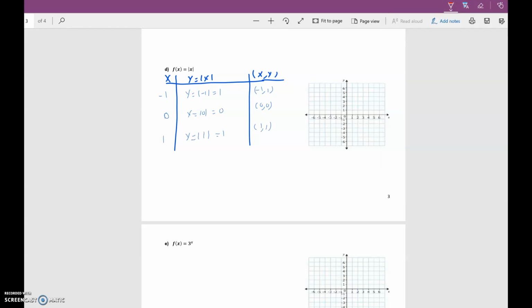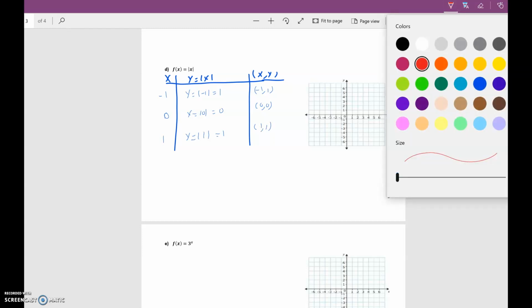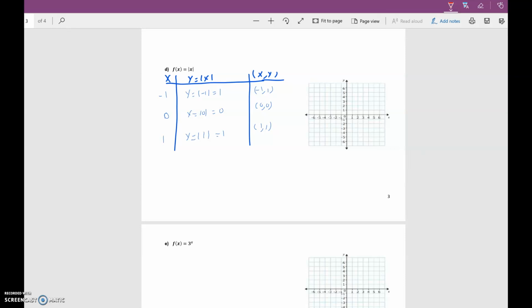And let me plot the points. So we're looking at the origin 0, then -1, 1, which is here, and then 1, 1. If you remember what this one looks like, it's a V.